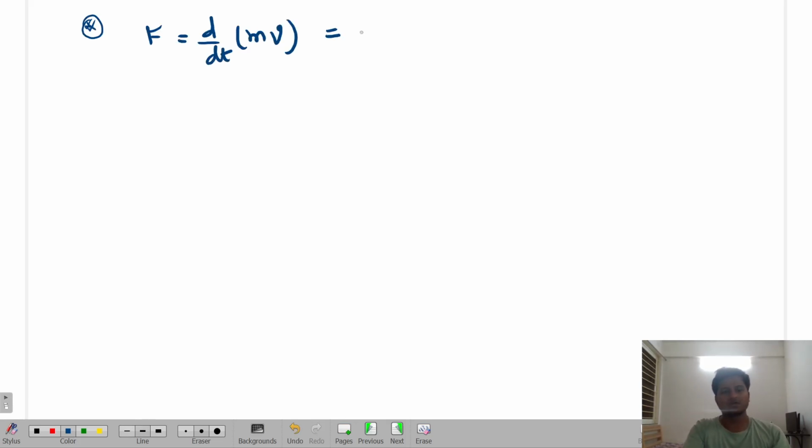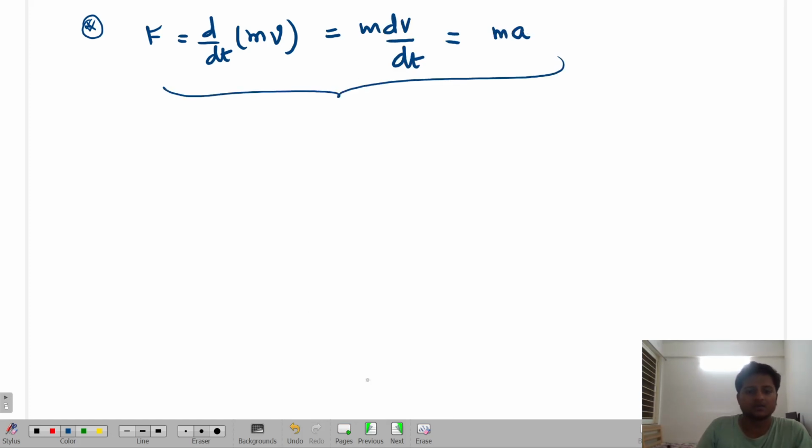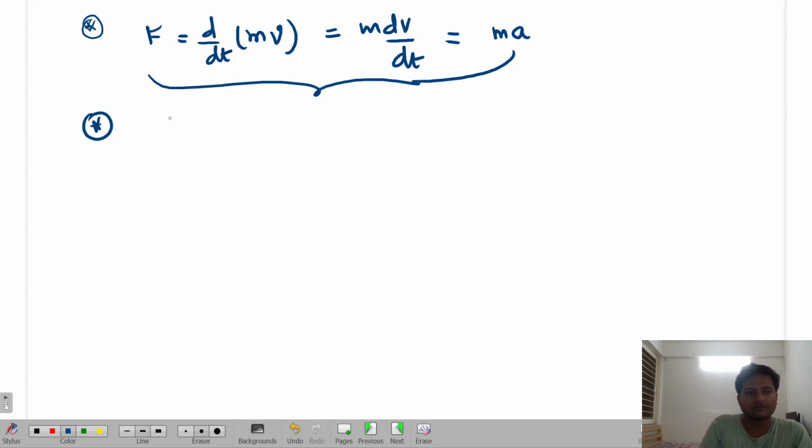Newton's second law says that if mass is constant and velocity varies, then force is mass into acceleration. That is the force provided to the body to move with acceleration. But there are forces provided by the body itself to move with constant velocity, and that force is called thrust force.